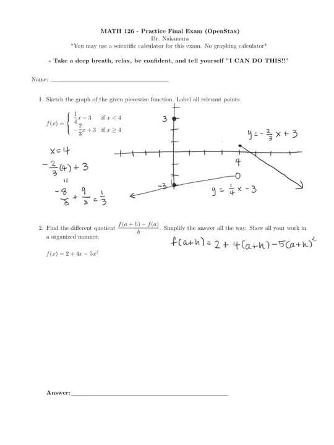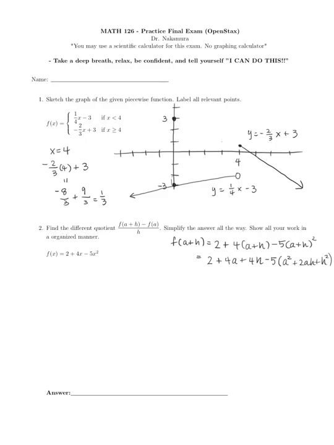Okay, so this is going to be 2 plus distributing the 4, 4a plus 4h. And then be careful, you're going to have to FOIL a plus h. So here you're going to have -5 times, now if I multiply a plus h twice, you should get a squared plus 2ah plus h squared.